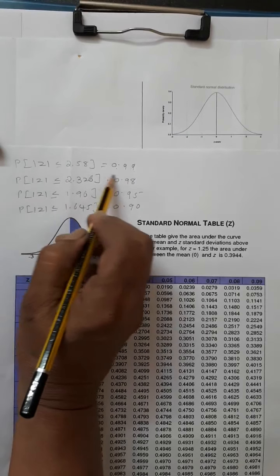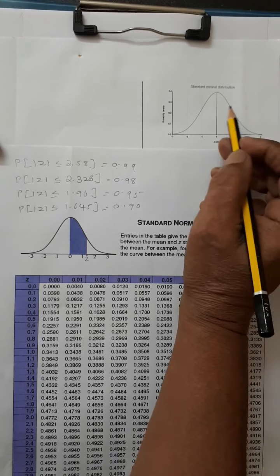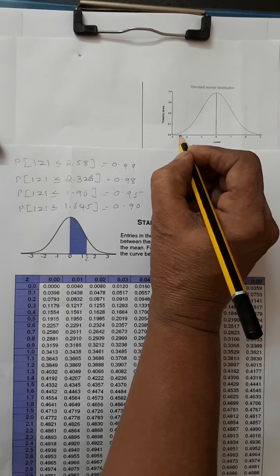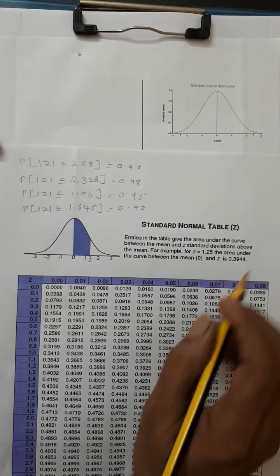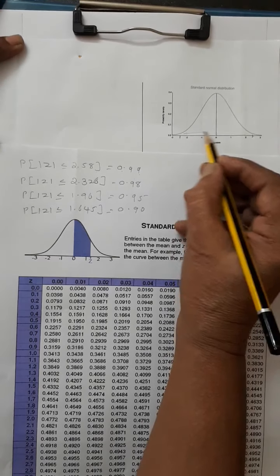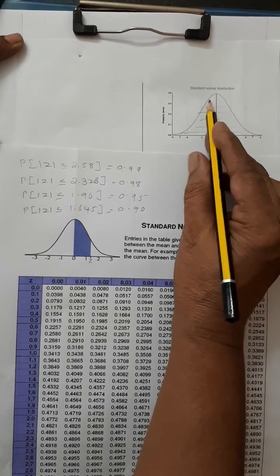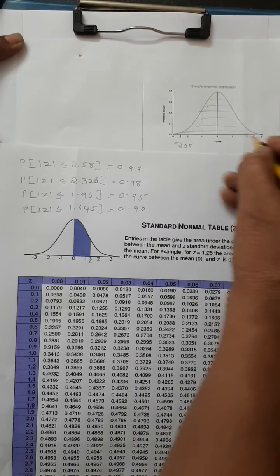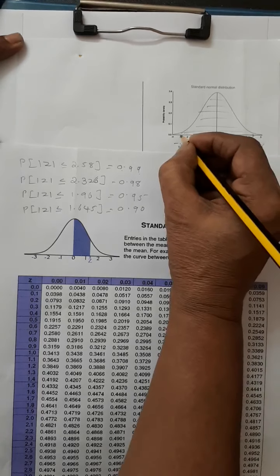What is the meaning of this statement? 99% of the area is covered in between minus 2.58 and plus 2.58. This is minus 2.58 and this is plus 2.58.